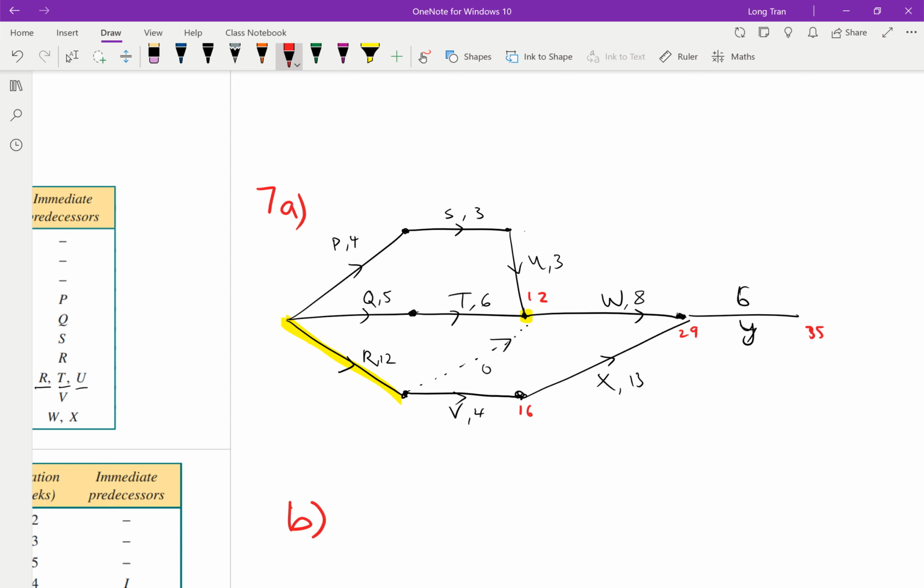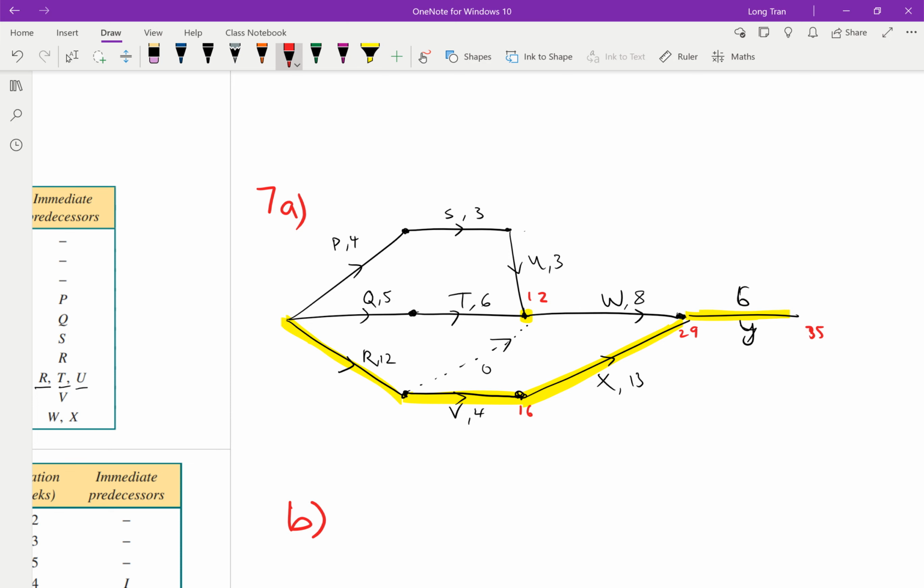Okay, so let's have a look. You've got 12 plus 8, which is 20. But I wrote 29 because 16 plus 13. So it seems to me that going down this way is a better option than going up. Instead of going up this way, that will give me 20 by the time I get to the start of Y. So it's probably better that I followed this pathway. 16, 29 has the largest values, and so you finish at 35 minutes.